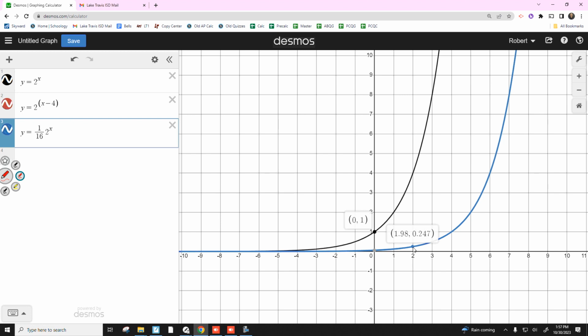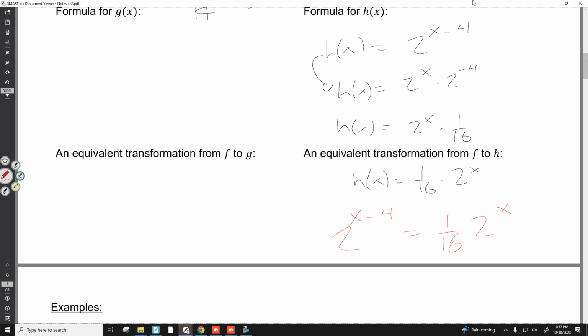And it's a pretty cool thing going on there, where it's like 2 transformations for 1. Okay, so a shift right is equivalent to a vertical dilation of 1/16, but only for 2 to the x.